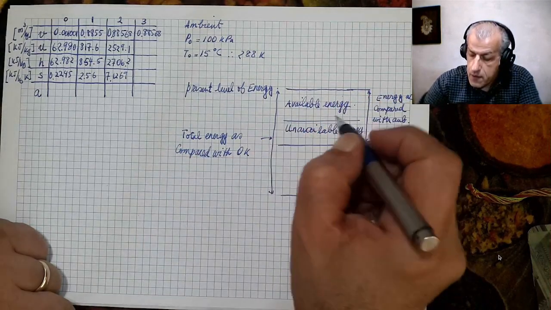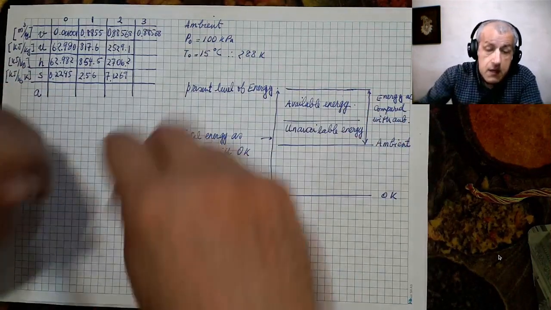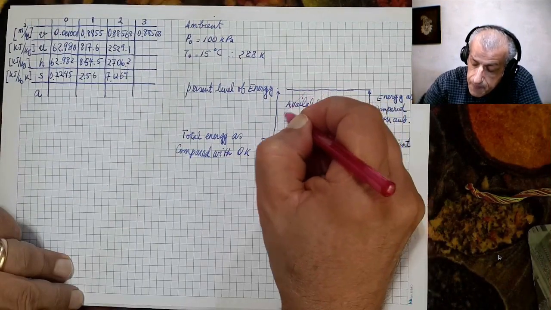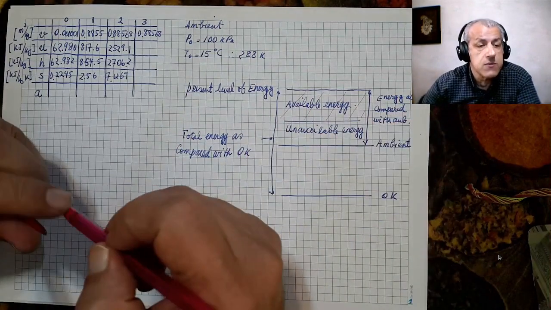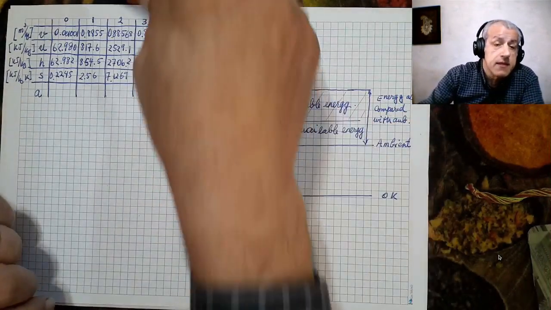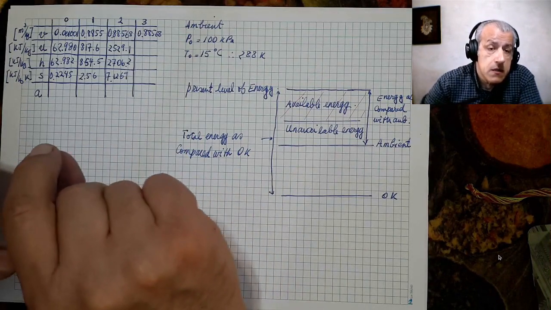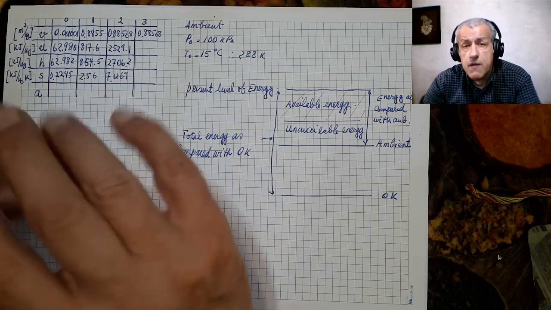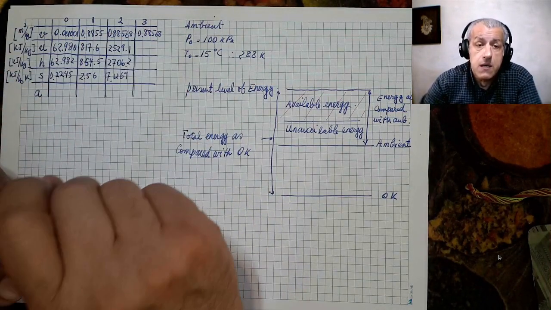This part is what we are concentrating on. This is the part of energy which I hashed with red, and this is the part of energy that could be turned into work. This is the part of energy that every material could have, and that part could be turned into work.